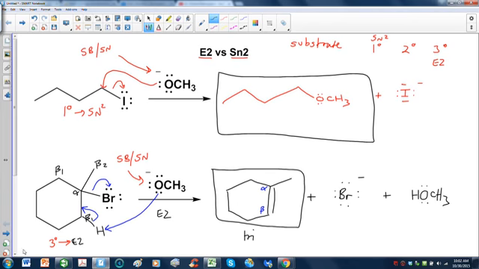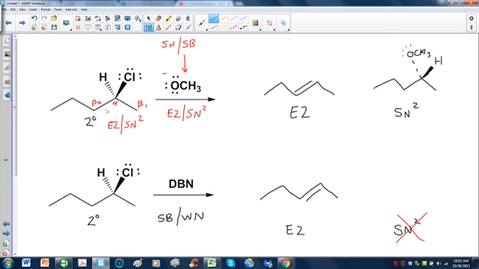Zaitsev rule applies to form the most stable alkene product. When you have a secondary alkyl halide and a strong base and a strong nucleophile, because both of them favor both mechanisms, then both occur. May not be in a 50-50 ratio, but that doesn't matter. You get 2 products.